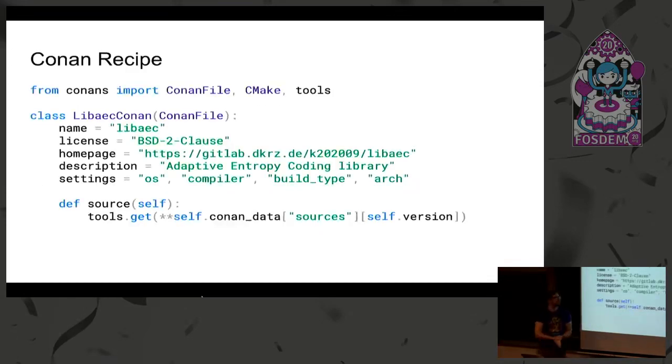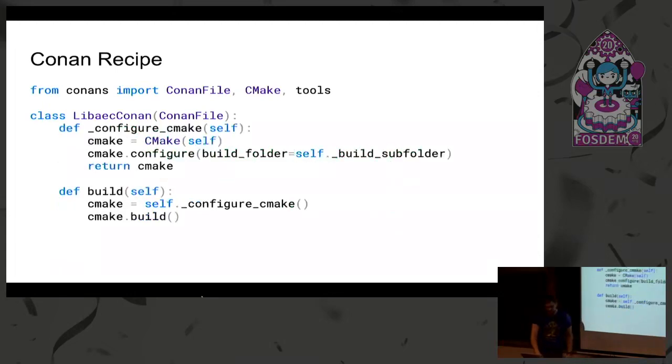So with Conan, what we do is we actually start to be more descriptive about how this whole piece works. So here, packaging up something, libac, and we put some information about what it is, some settings that we want to be able to configure about this package. So the OS, the compiler, the build type, the architecture we're building for, where we're going to go get the data. We're going to use cmake here.